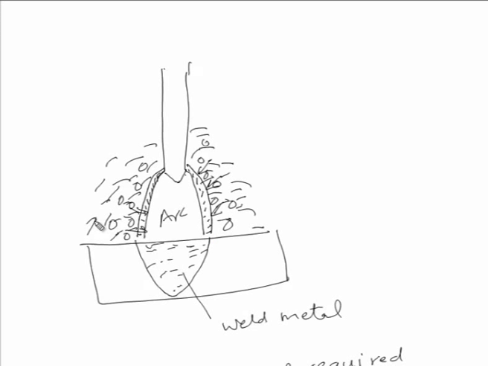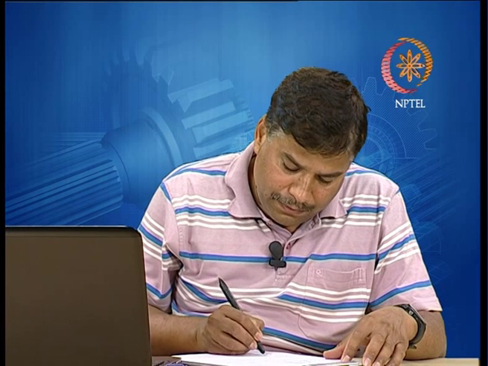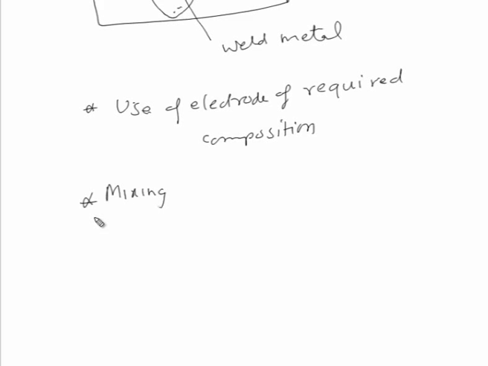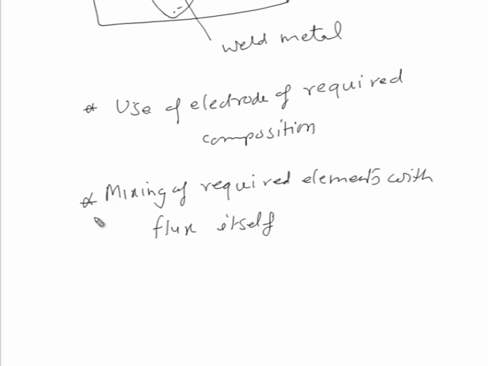So, this approach for modifying the composition of the weld material as per requirement is the mixing of the required elements with the flux itself. When this flux melts during the welding, the alloying elements automatically get mixed with the weld material, and the weld material composition is modified as per the requirement.